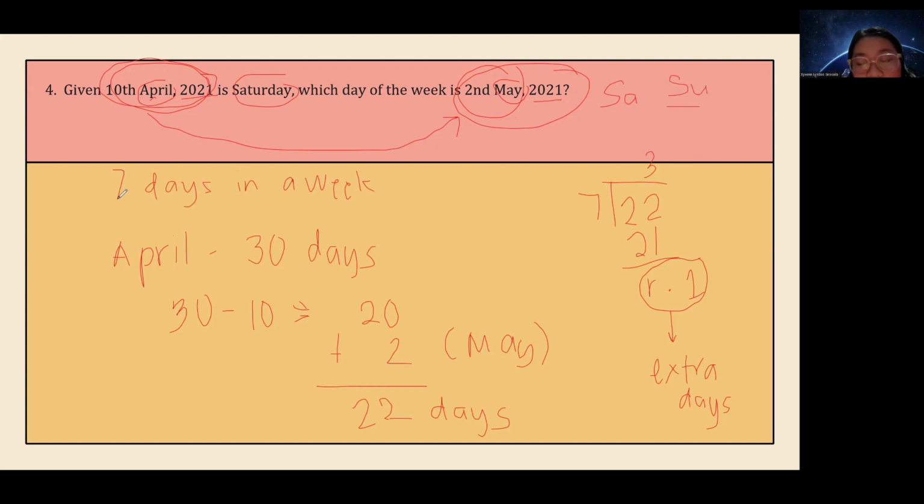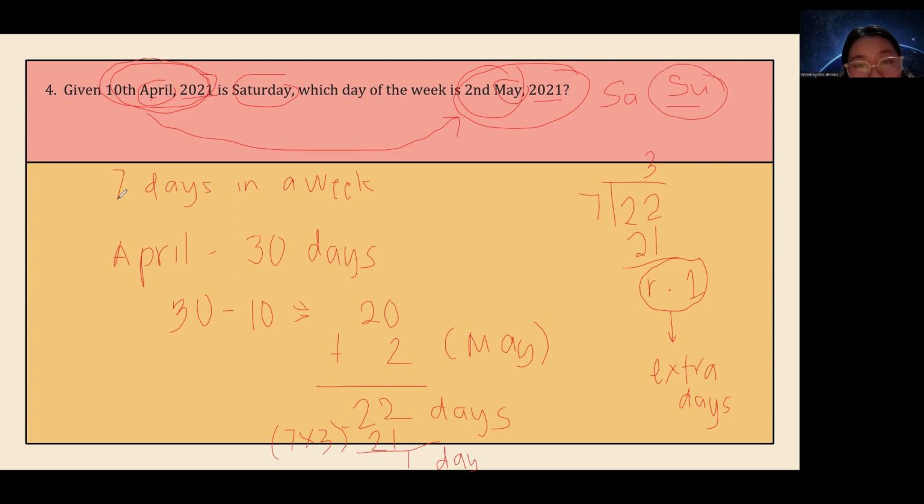Or if you don't want to divide, you just have to think of a multiple of 7 that is very close to 22. And of course, that is 21. So if you have 7 times 3, that's 21, right? So we will do now subtraction. So 22 minus 21, we will get 1 day after Saturday. So we can still get a Sunday.